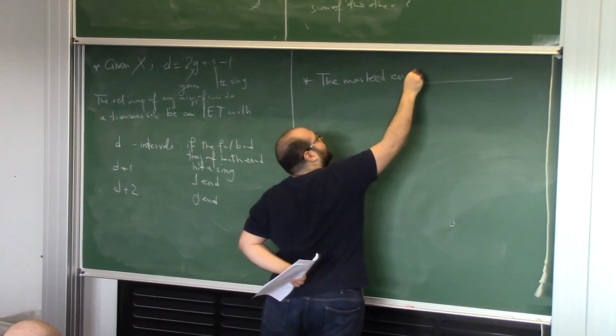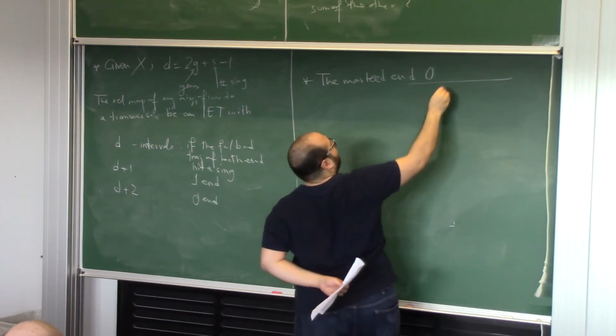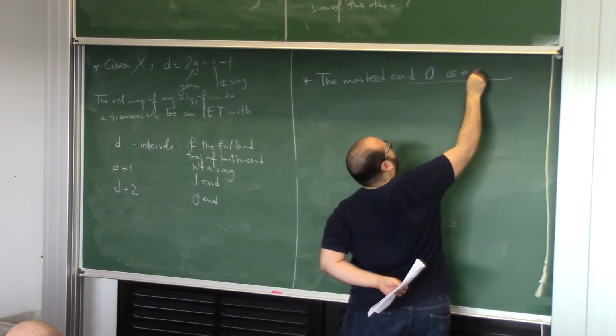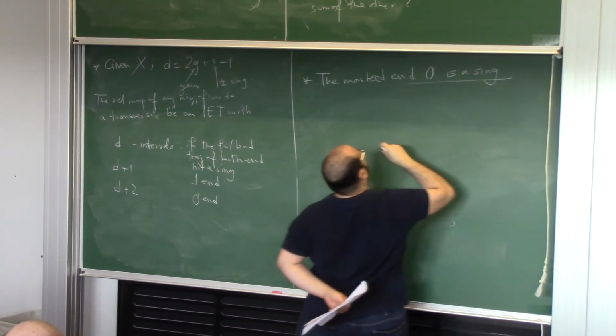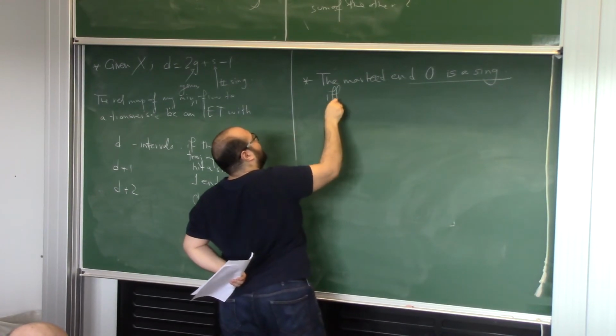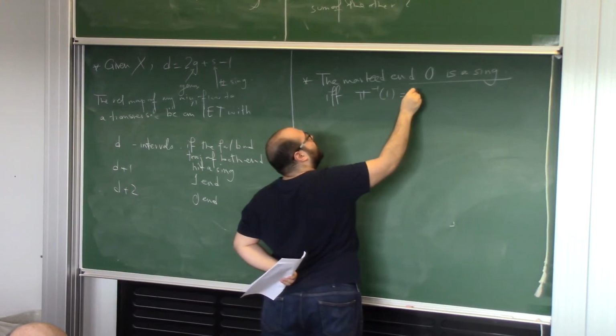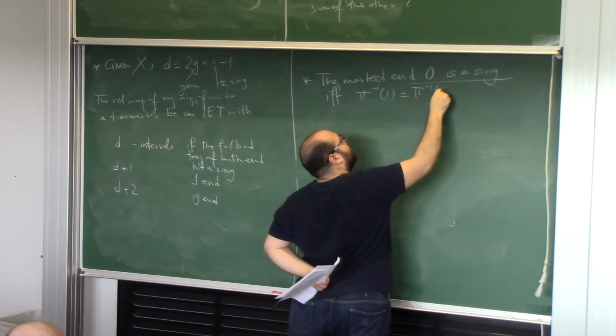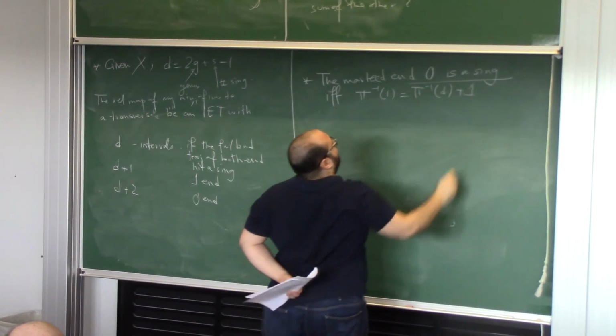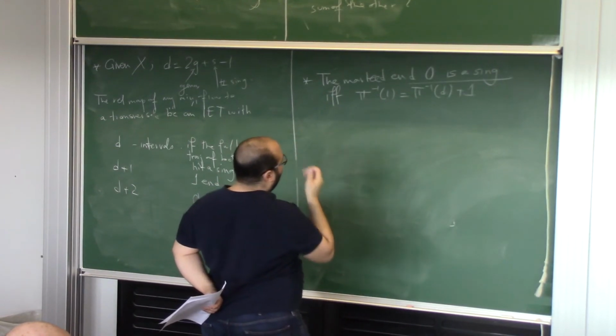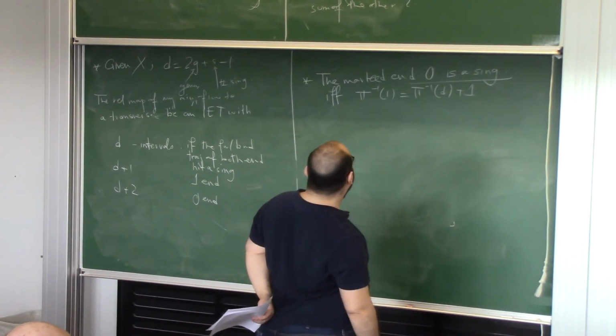end, which is 0, is a singularity if and only if pi 1 equals pi, which is the case with subpartition, by the way.